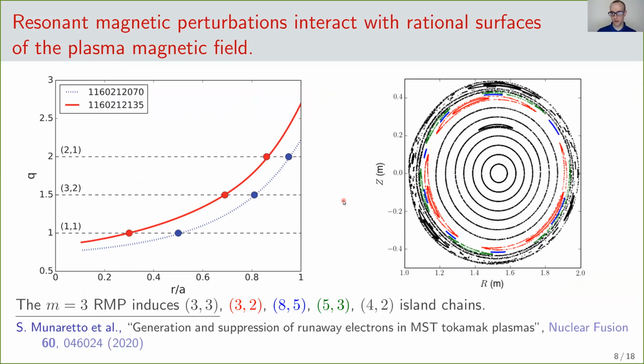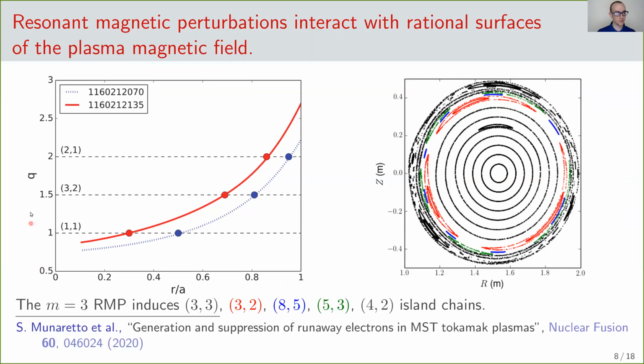To start, tokamaks have a magnetic field that is structured as a set of magnetic surfaces, where these surfaces are traced out by magnetic field lines. An important property of this magnetic structure for magnetic fusion energy is that the field lines are twisted as they go around the torus.